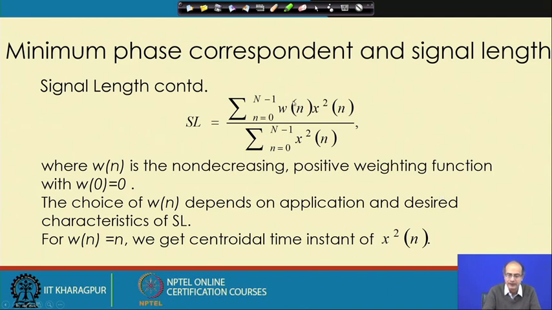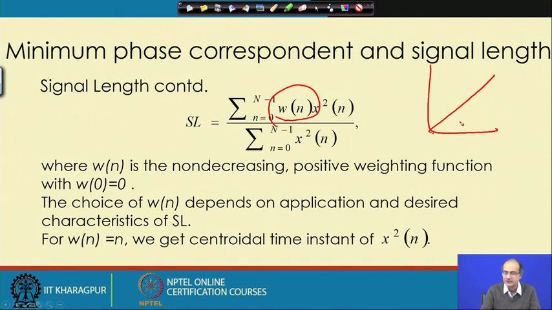In the numerator we have a weighting function, W n, that is giving us the change, and W n is a non-decreasing function. The simplest form of it could be that it is monotonically increasing. What we are interested in is how far the signal distribution is from the origin.